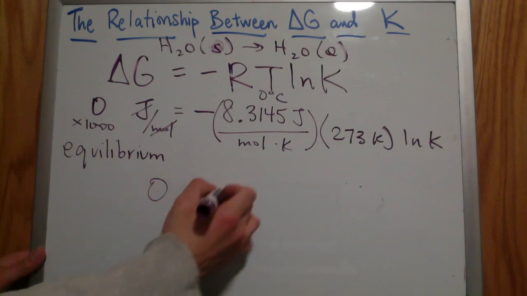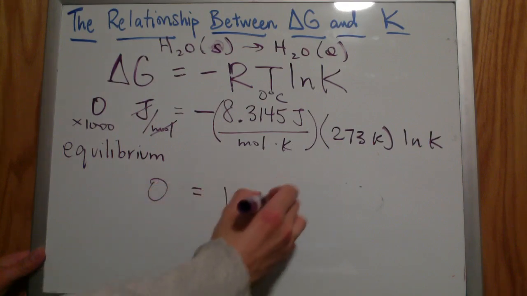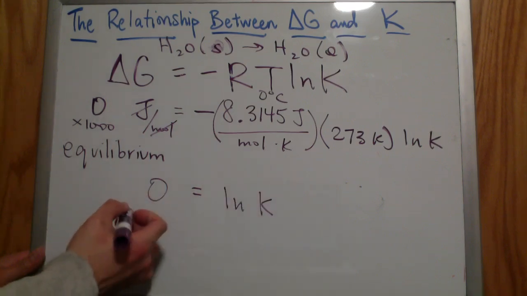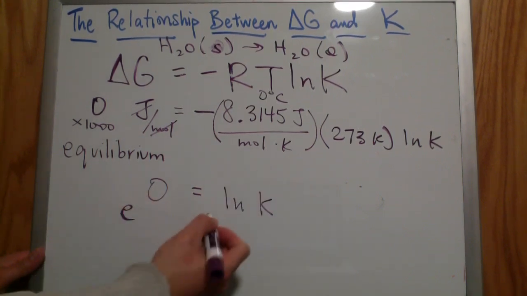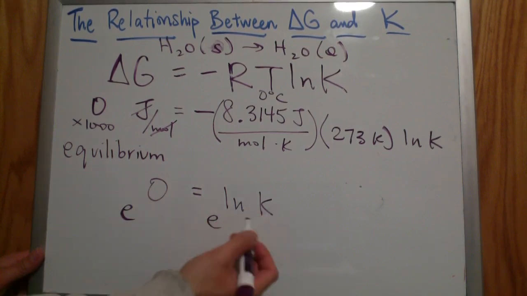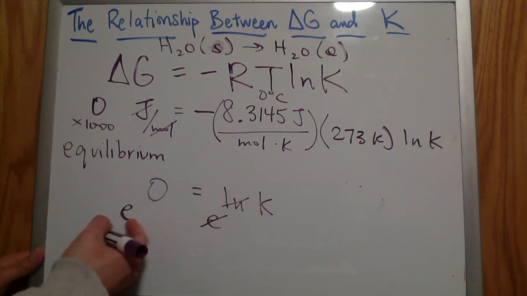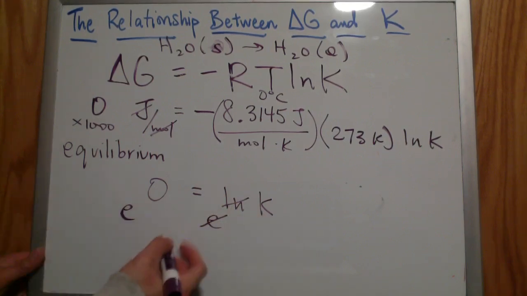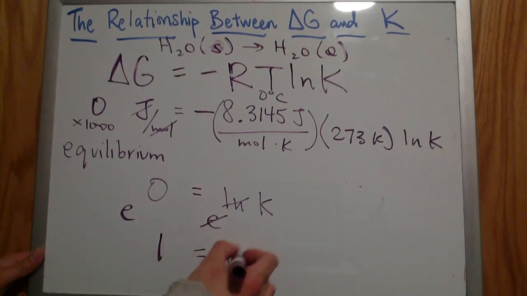So 0 equals the natural log of K. And then, to get rid of the natural log, we raise e to the natural log of K, and the e and the natural log will cancel out. And then e to the 0 is equal to 1. So that means that K is equal to 1 in this case.